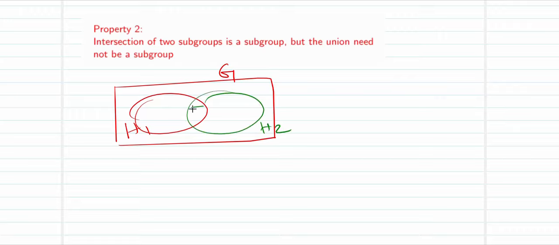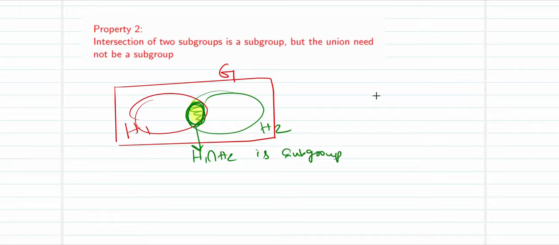Now this part is my intersection part. They say that this intersection is also a subgroup, intersection of two subgroups. This intersection part, which is nothing but my H1 intersection H2, is also going to be a subgroup.